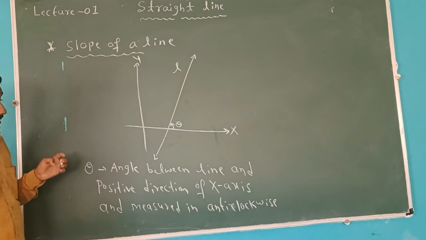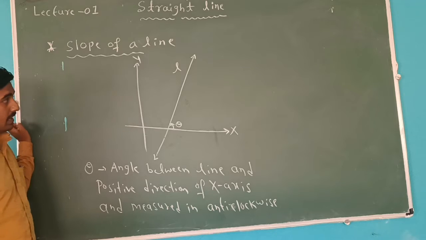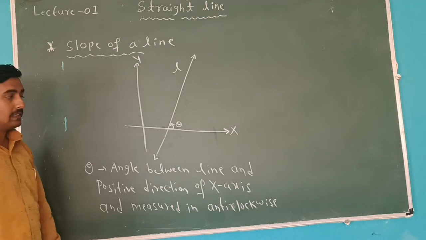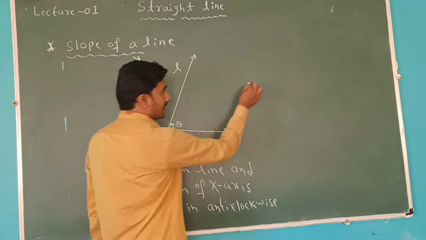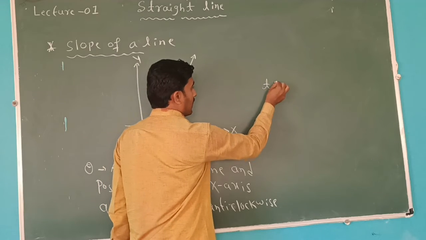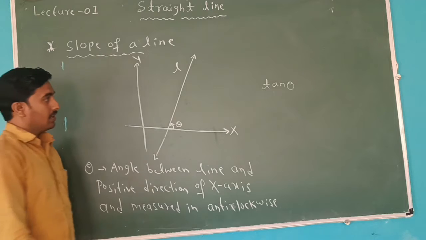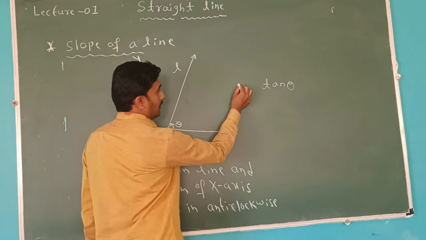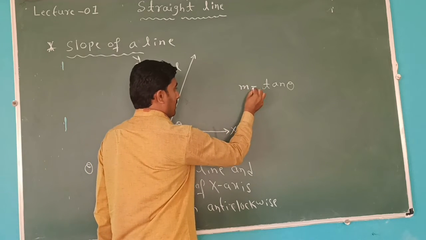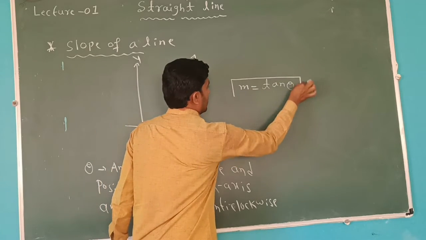Then the slope of this line is given by tan theta, and slope is always denoted by the small letter m.